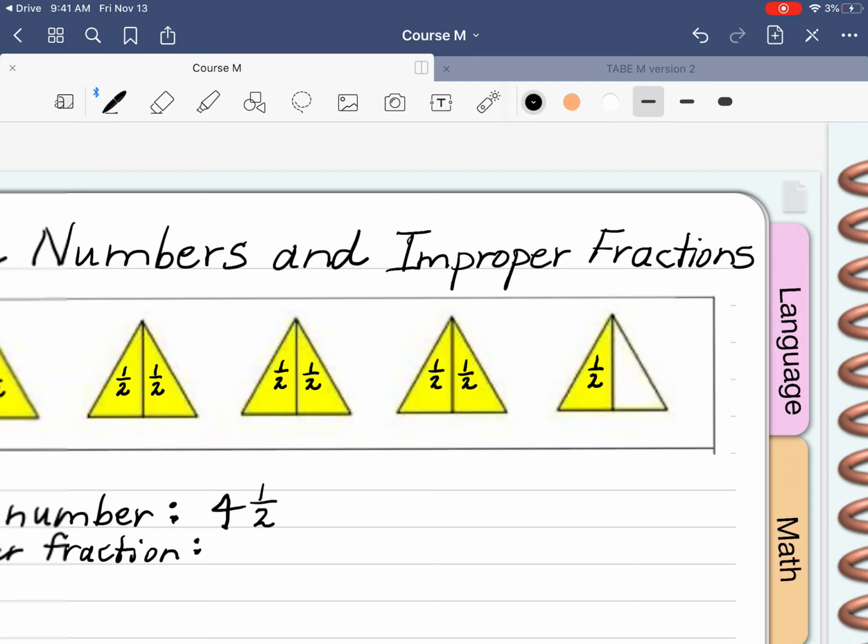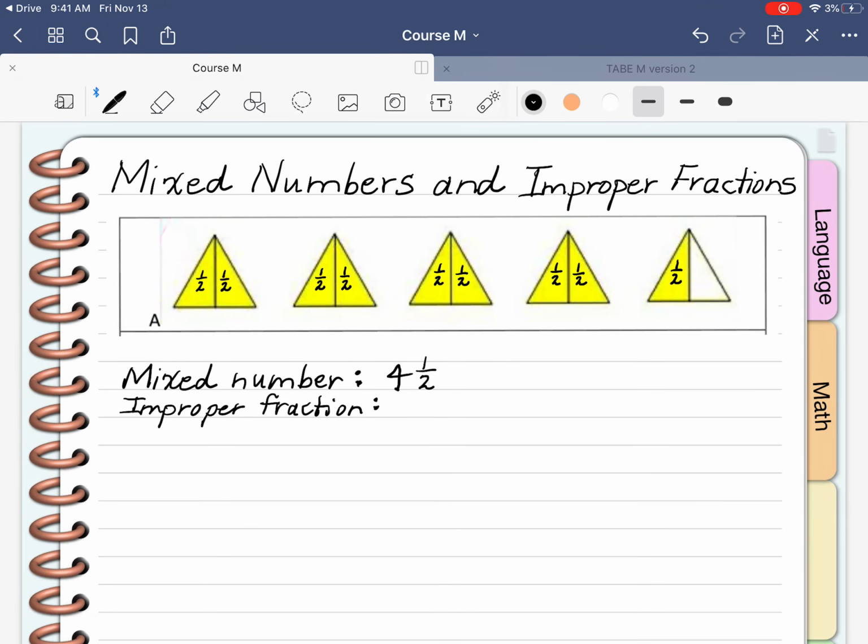So if you look at this picture in terms of halves, how many are there? There are 9 halves in this whole picture. So I can see visually that the mixed number is 4 1/2 and the improper fraction is 9 halves, because I have that picture there and I can count that without too much trouble.